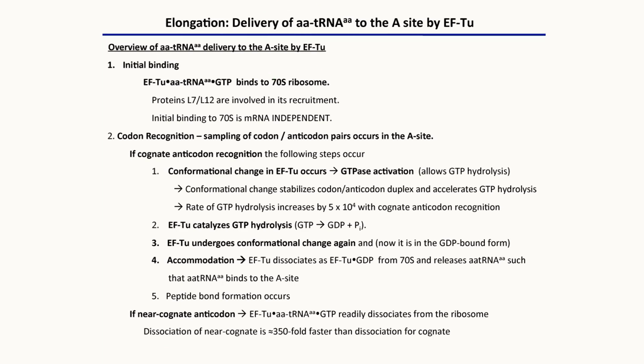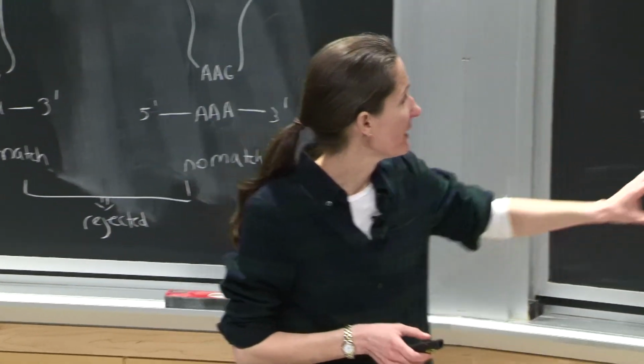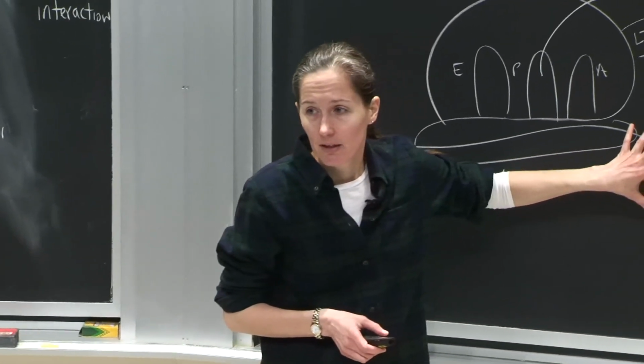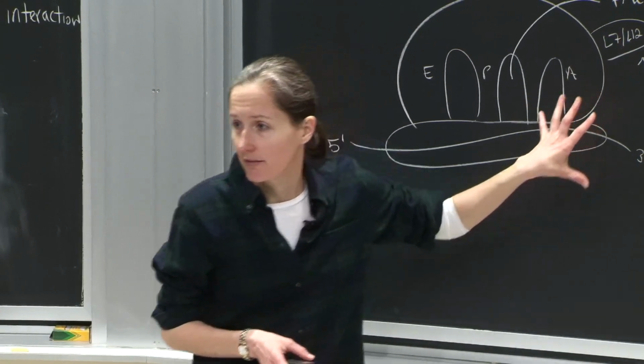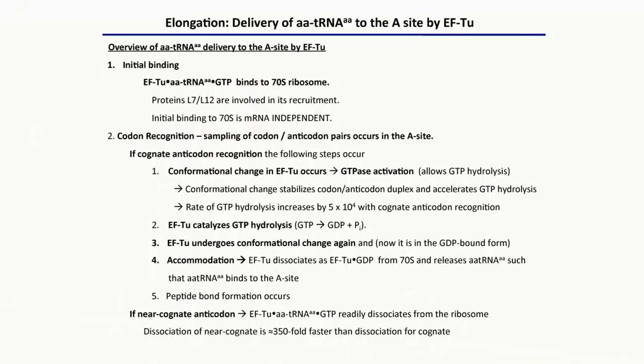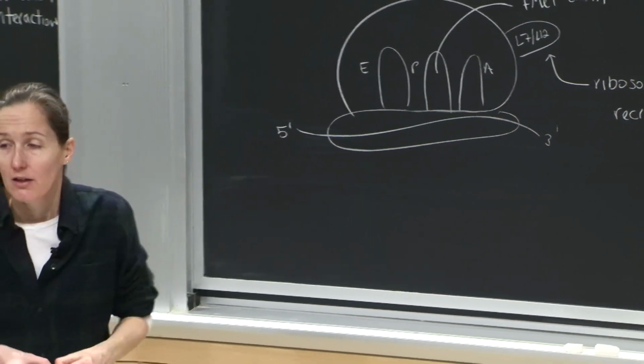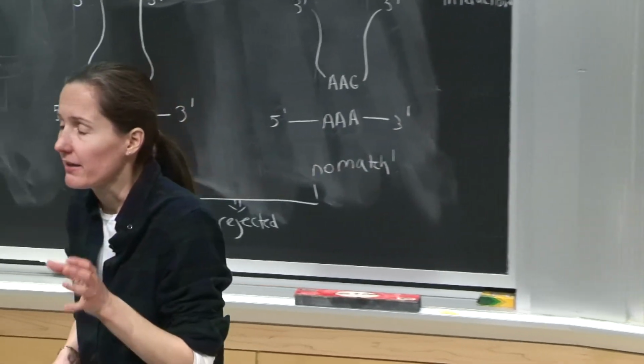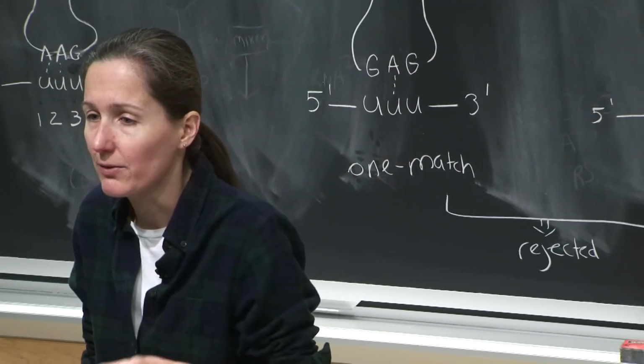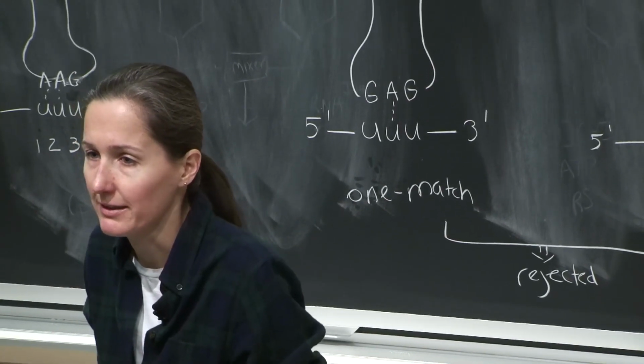So what happens first? First there needs to be an initial binding event where the ternary complex binds to the ribosome. So initial binding, it binds to the 70S, and these ribosomal proteins are involved in recruitment of the ternary complex. This initial binding event of the ternary complex to the ribosome is independent of the mRNA.